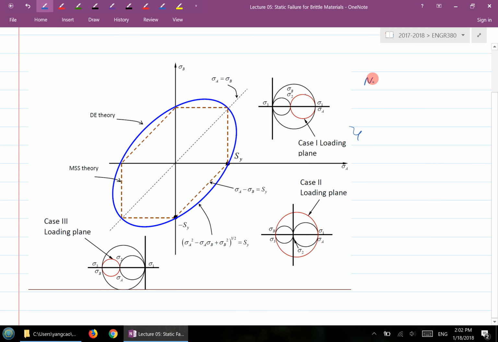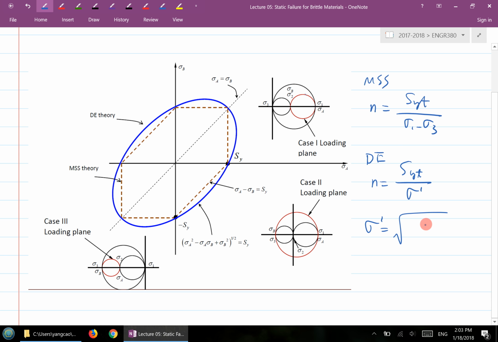And for MSS, as we learned, your safety factor is always just SYT over sigma 1 minus sigma 3. And for DE, your safety factor is SYT over sigma prime. And sigma prime, if you recall, is called von Mises stress.